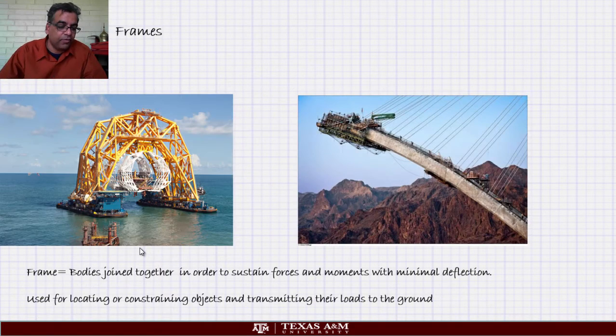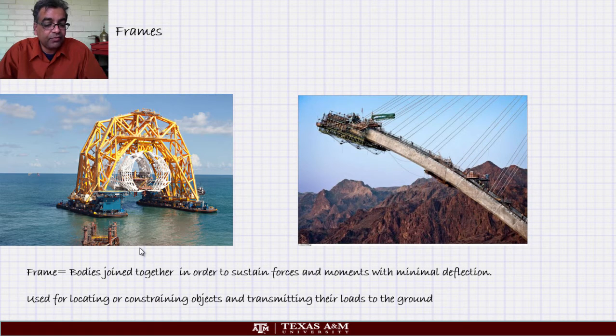So let's see. Frame. So I've shown you two kinds of things. One is actually this gigantic object that is used to transport very large things into the ocean. The other one is actually the new bridge that was built across the Hoover Dam, and it's being built. You can see the arch coming out, and there are cables that are attached and so on.